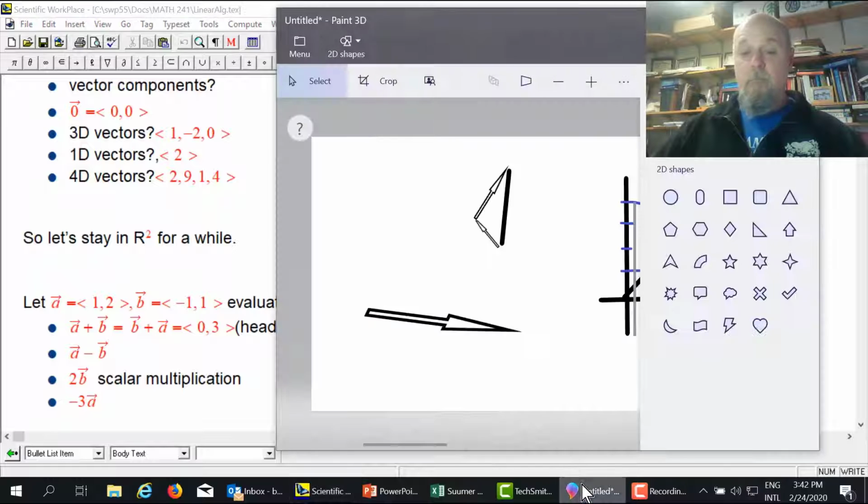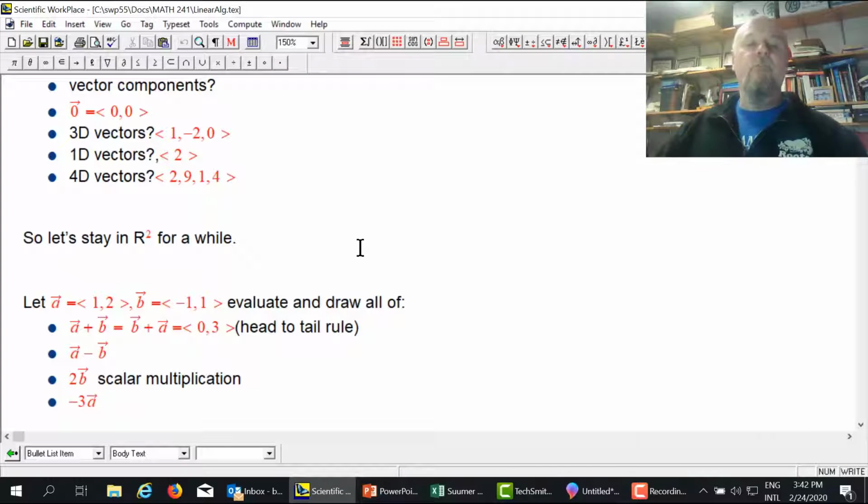Subtraction. There is no subtraction in vectors. What you're really doing is adding the negative.